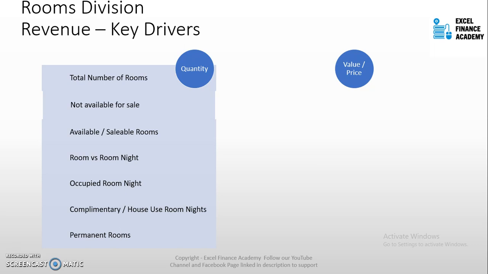That is still considered a transient room, and is still part of the ADR and the occupancy percentages. Then you have out of order rooms, which are temporarily out of order for some small renovations or deep cleaning. Those are only for statistical purposes, to understand how many rooms are actually out of sale for a short period of time. But we are not deducting them for the calculation of any statistics.